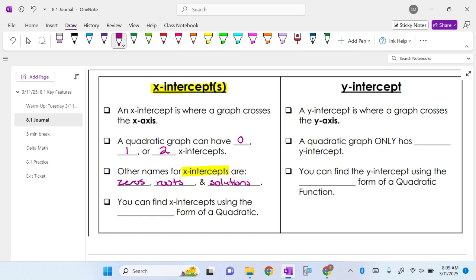Now, to find the x-intercepts using just the function and not the graph, we can use its factored form. So if you were not given a graph, say it was the EOC, the calculator active section, and they ask you to find the x-intercepts of a quadratic without graphing, if you could factor it, you can find the x-intercepts.